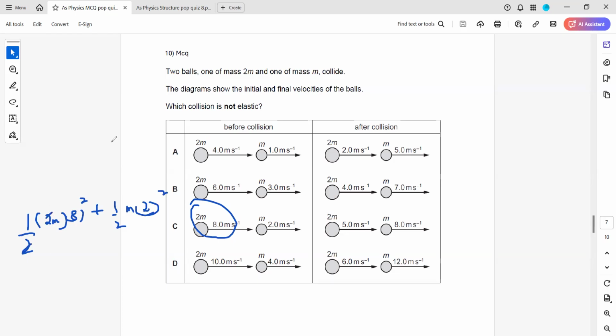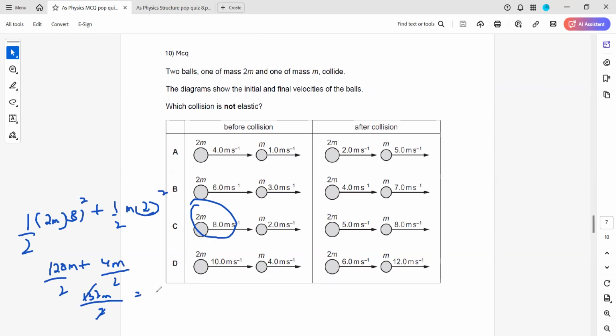So you simplify; don't cancel out the 2 at the last, you can take an LCM. So 8 squared is 64 times 2, so 128 m by 2, and this is 4 m by 2. So it will be 132 m by 2.